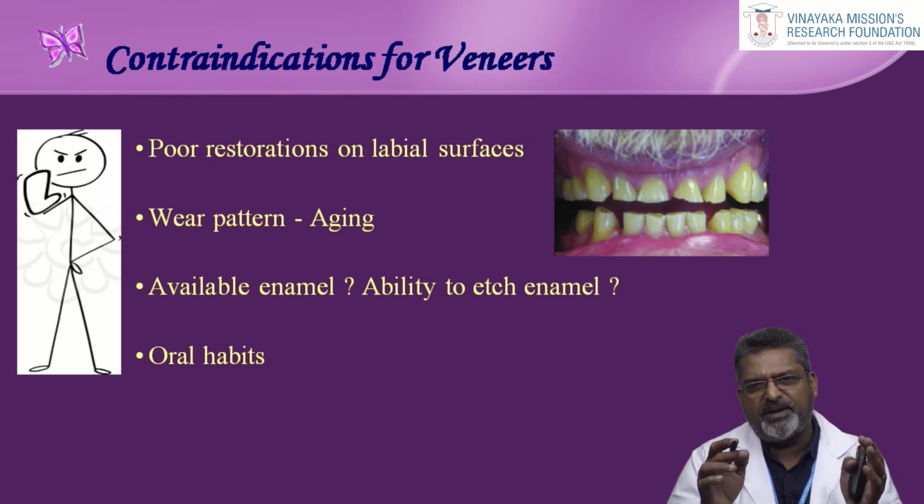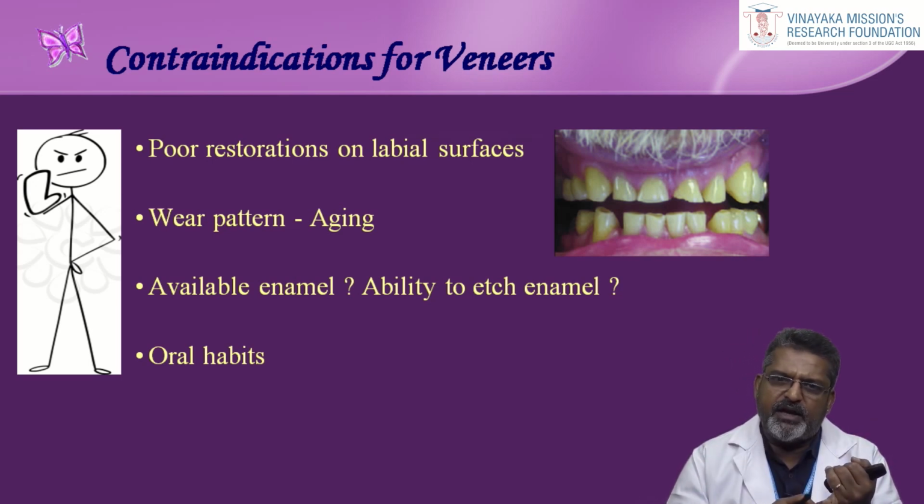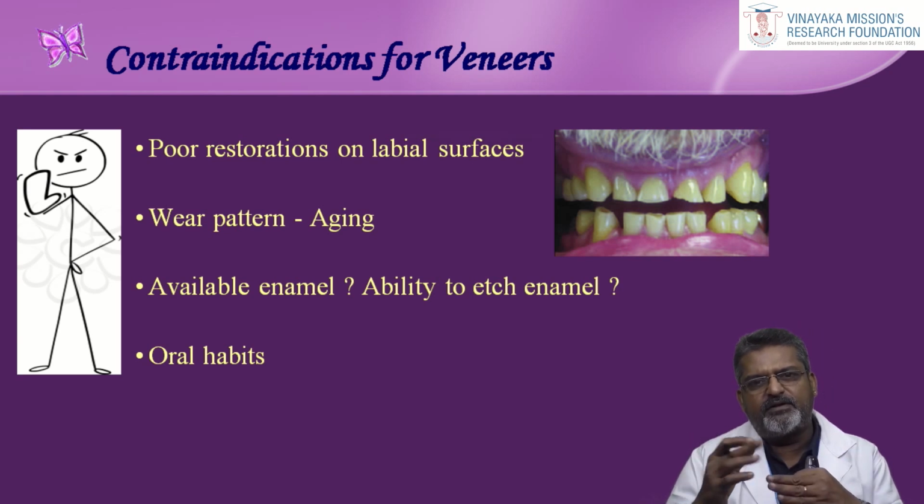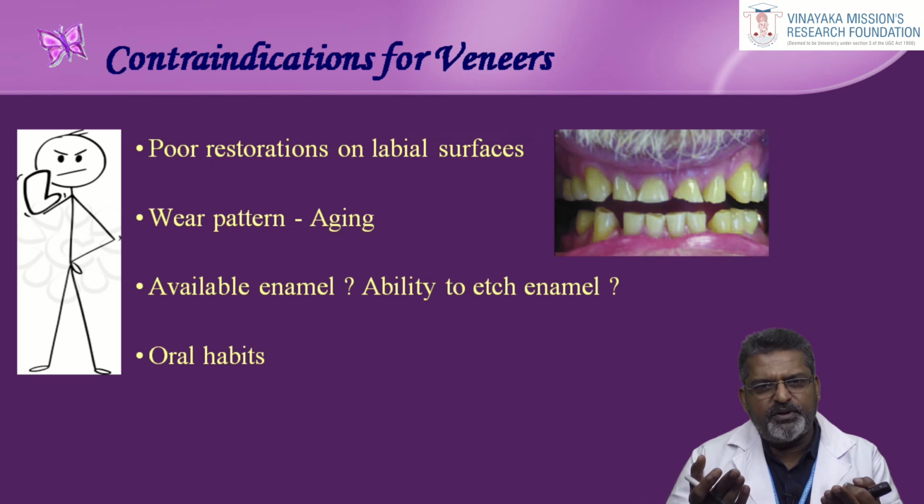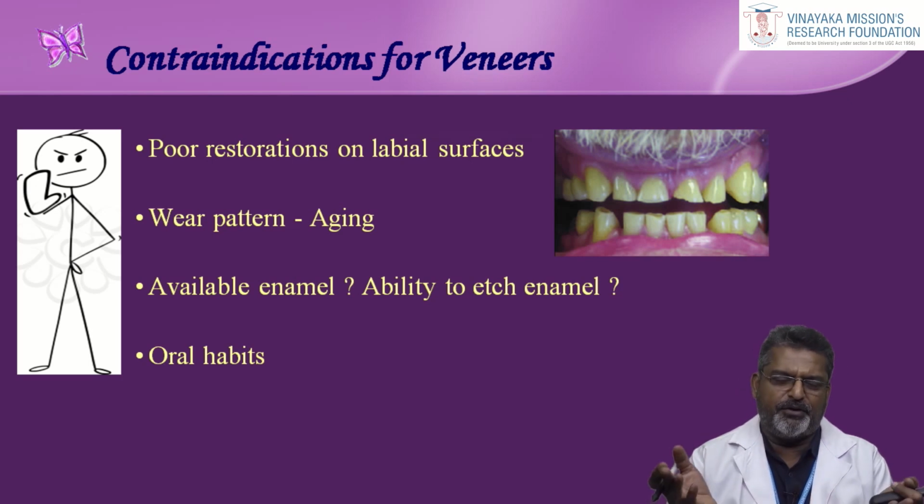That kind of habit is going to be a contraindication. Similarly, bruxism is a very common thing. Bruxism is going to create a lot of unwanted forces either on the protrusive or on the laterotrusive. So in that situation, oral habits are going to be an absolute contraindication for your veneerings.